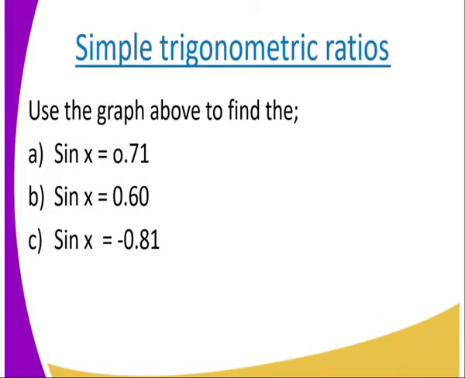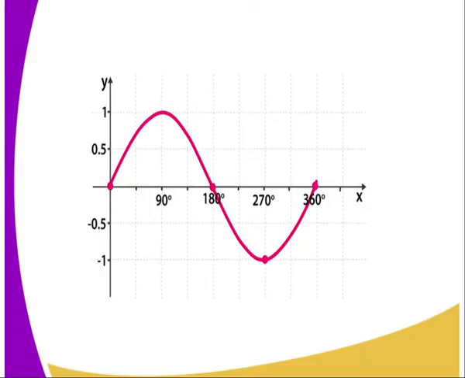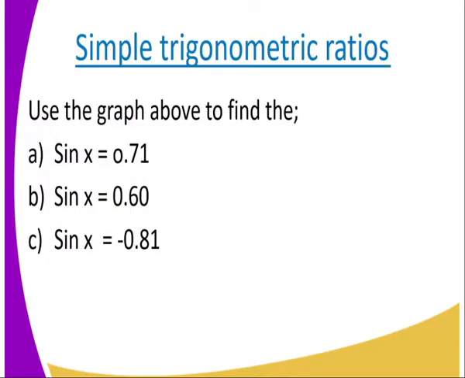Use the graph above to find the sine x is equal to 0.71. So what do we do? We just come to the graph, go to where 0.71 is, which is around here, almost here. And then you come to the graph, then you go down and read the value.